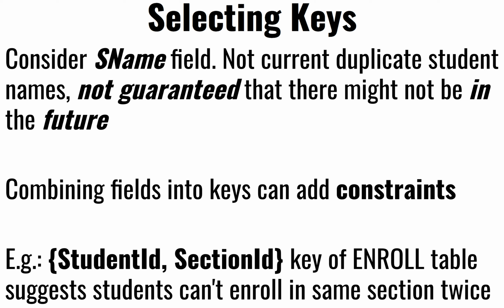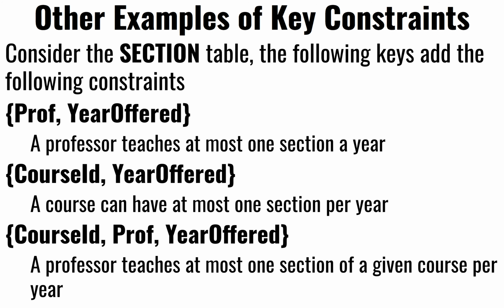So you could enforce that by selecting a combination of fields such as student ID and section ID, and the combination is unique. So there's no way that the database will allow you to insert data where the combination is duplicate, right? So it's very common to use these keys to enforce certain business rules.